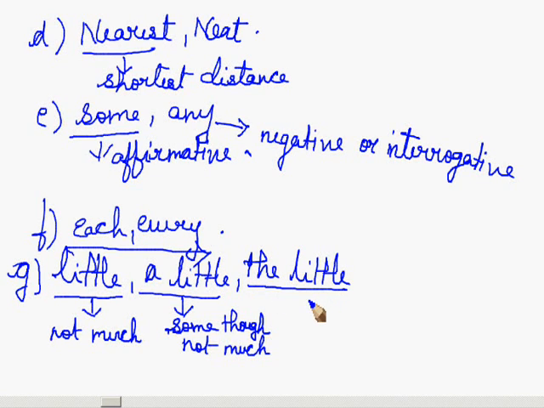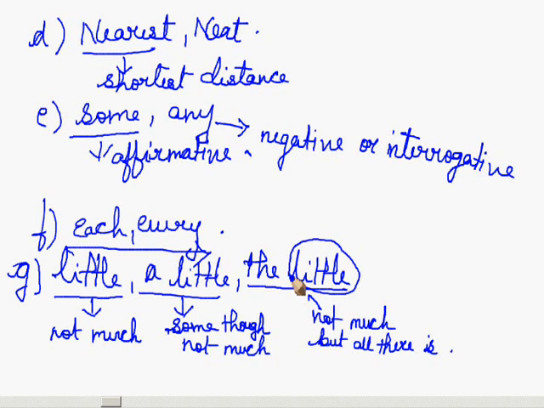The little means not much, but all there is. As little itself tells that it is about a specific quantity, therefore the little means not much but all there is.